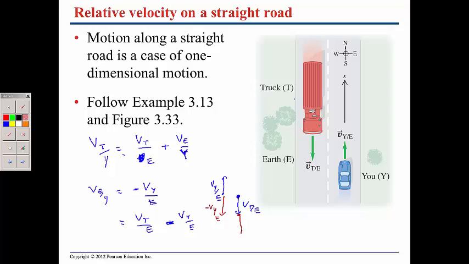I'm going to add that to the tip of velocity of the truck with respect to the earth, and we're going to get a resultant velocity that's very large. So if you're going at 60 miles per hour north and the truck's going 60 miles per hour south, then it appears to you that the truck is coming at you at 120 miles per hour to the south.